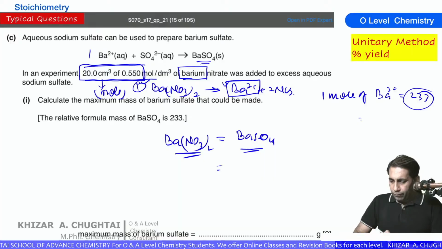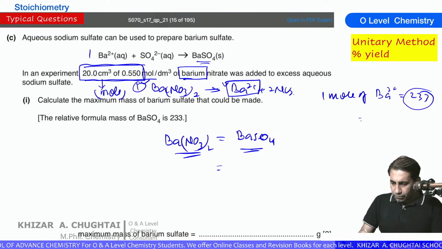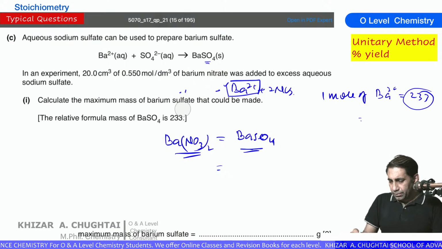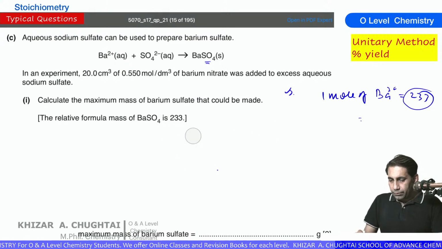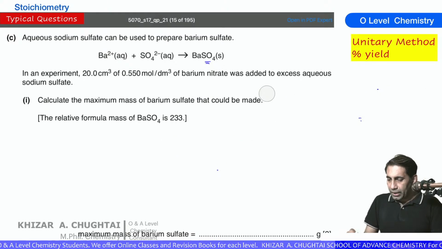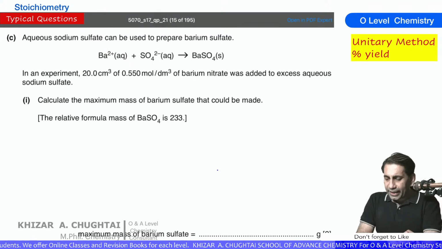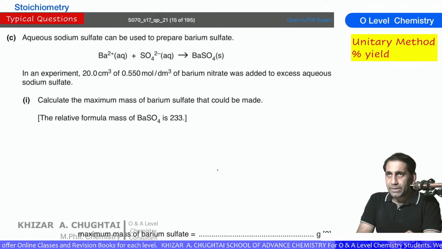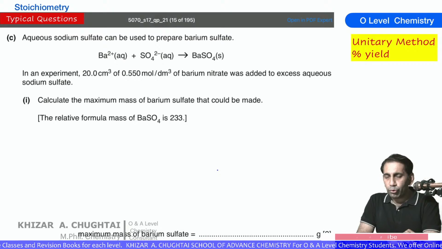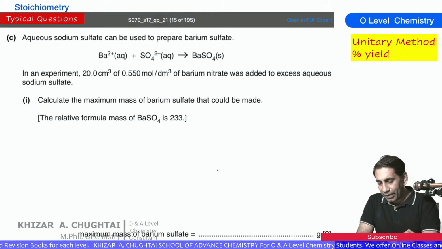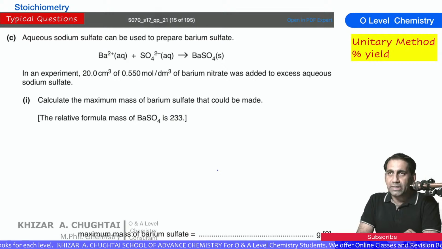Let's solve a few questions. First of all, here is the question from May-June 17, paper 1, variant. Aqueous sodium sulfate can be used to prepare barium sulfate. The equation is given: Ba2+ plus SO4 2- goes to make barium sulfate solid.